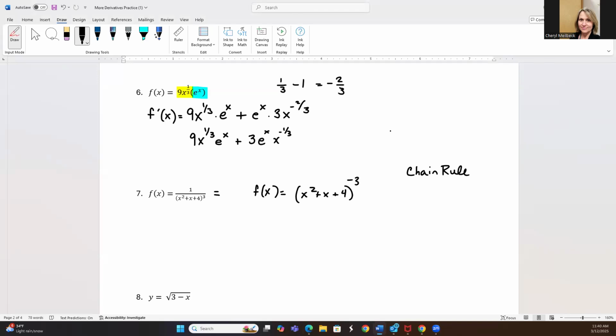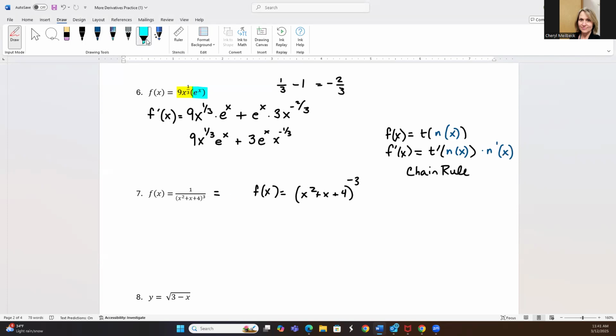Remember, the chain rule says that if you have a composite function, an outside function, let's call that t of x, and an inside function, let's call that n of x, the derivative of something like this is going to be the derivative of my outside function, leaving the inside function the same, but then multiplying that by the derivative of the inside function.